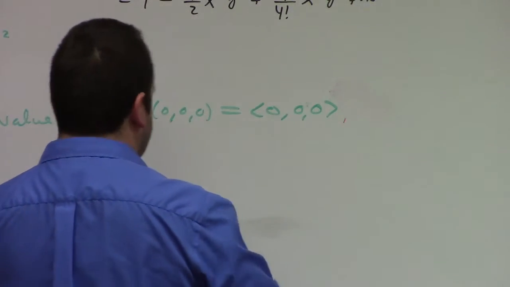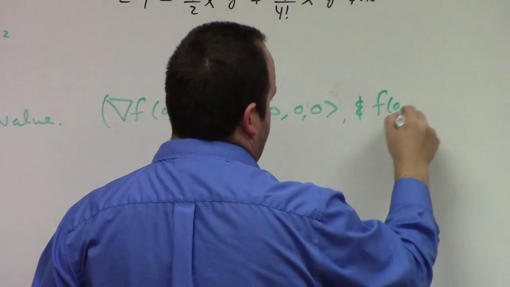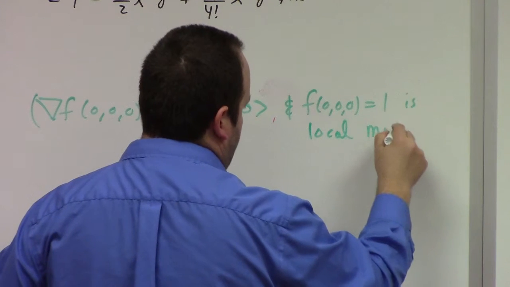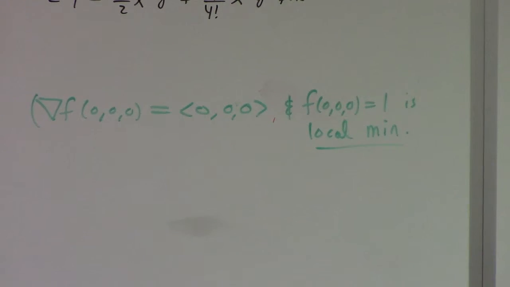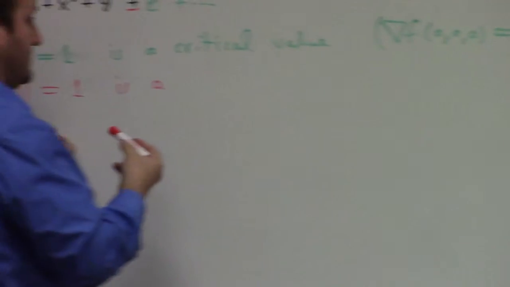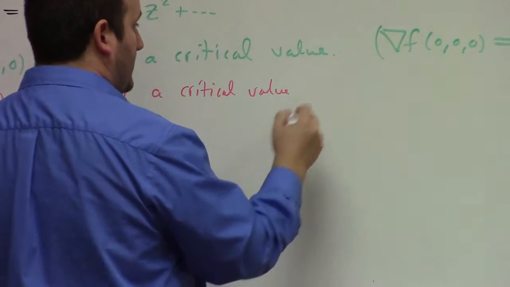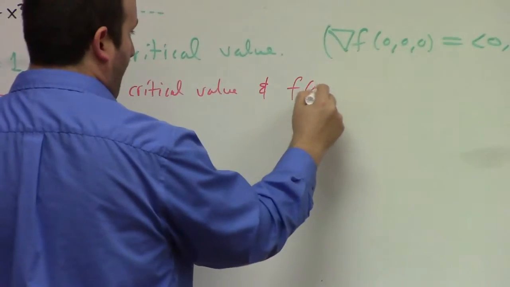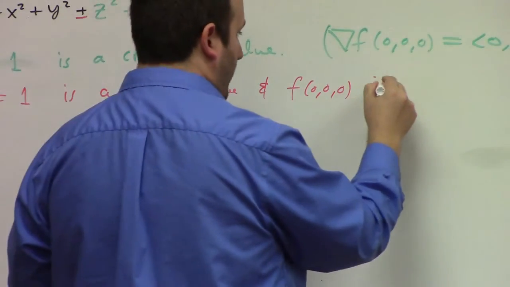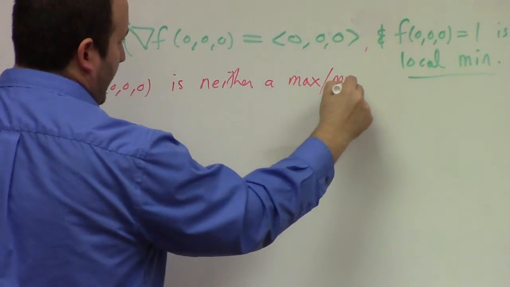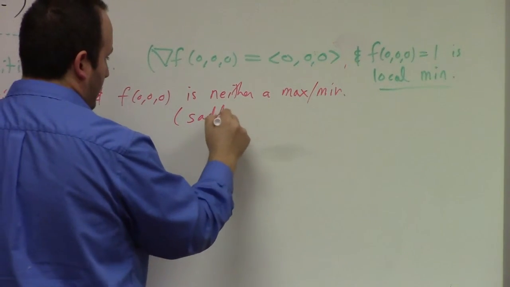What was our conclusion? f of 0, 0, 0 equals 1 is a local min, right? So in this case, it's a critical value still, right? But it's neither a max nor a min. Why? It's a saddle type point.